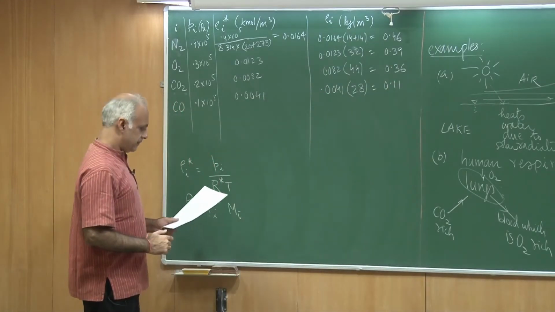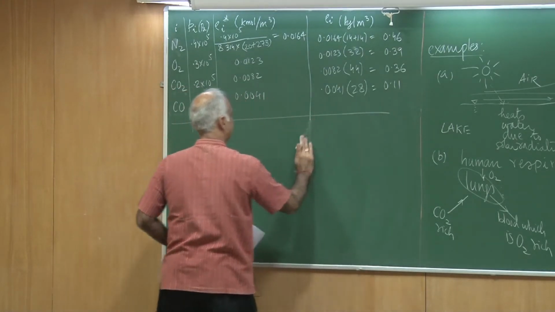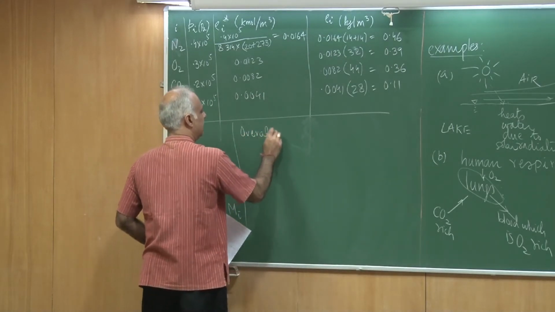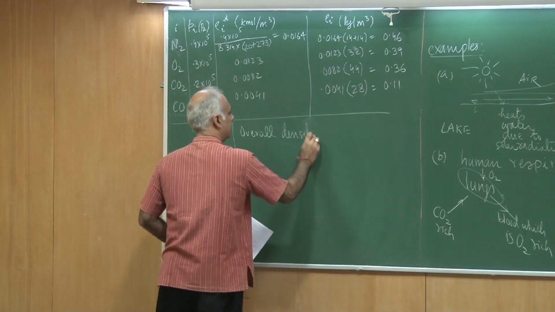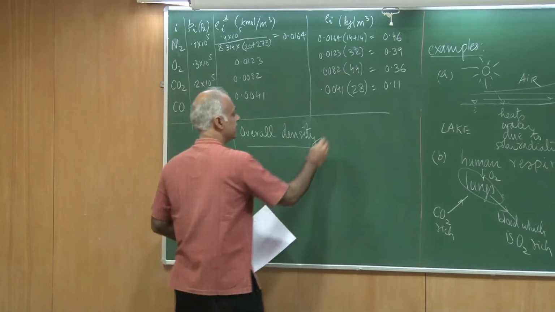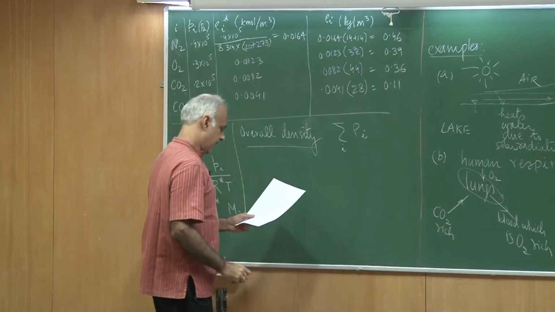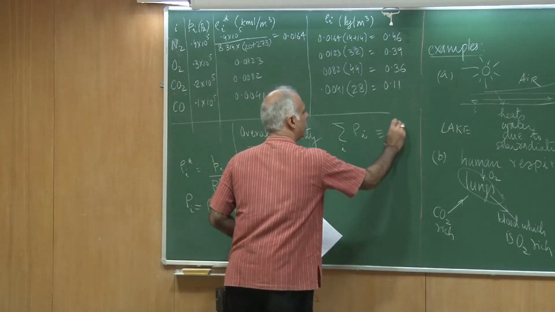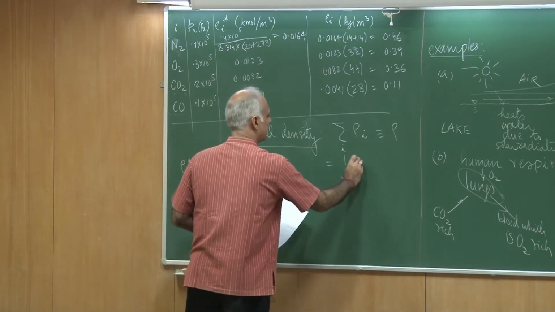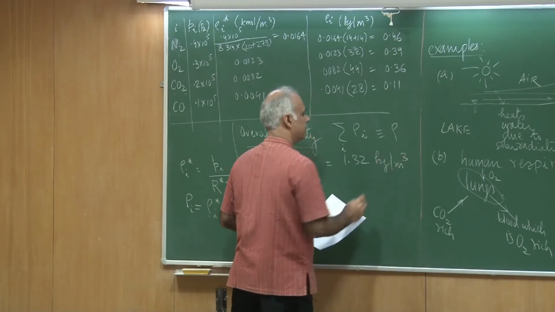Okay. All right. Now I can get the overall density. So if I want to get the overall density of the mixture, that would be simply summation of rho i, and that of course I am going to call as rho, and that would be given as 1.32 kilogram per meter cube.